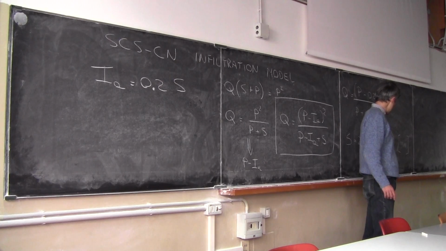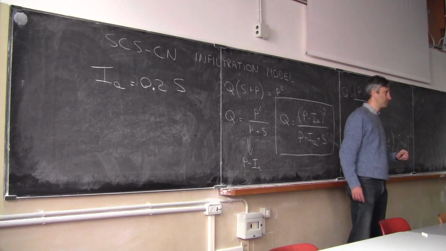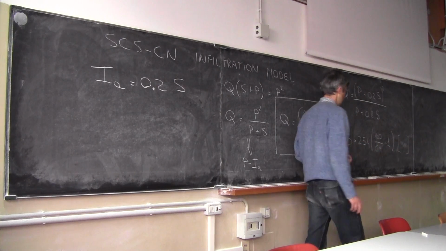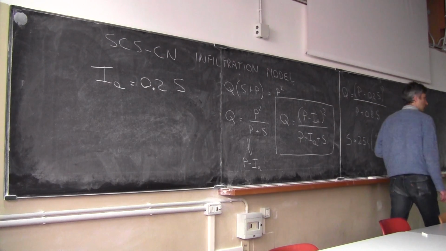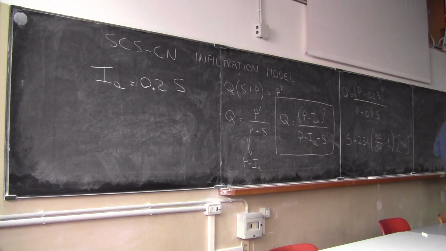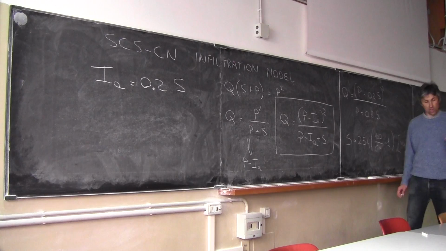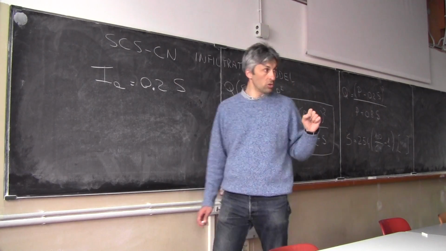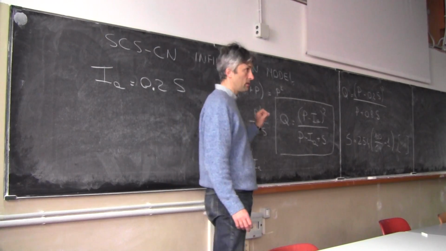And here you can see one more parameter, which is called Cn. This parameter is called Curve Number, numero di curva in Italian. It's a parameter that only depends on soil type and soil use, so land use and soil type.